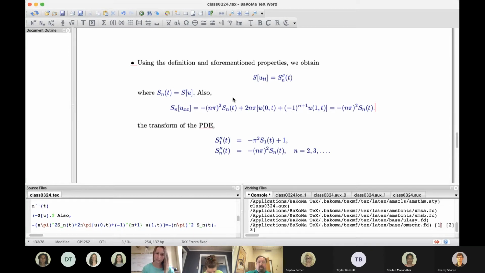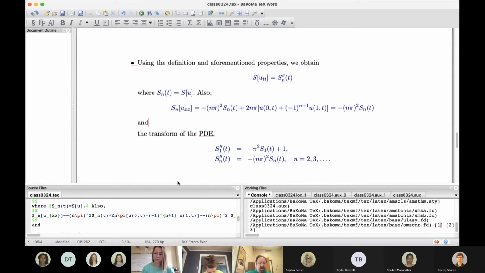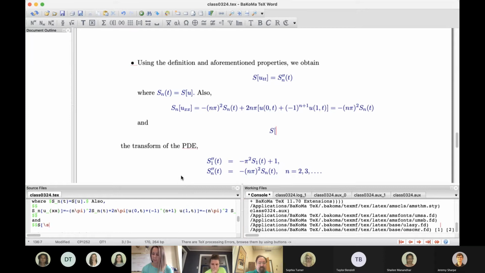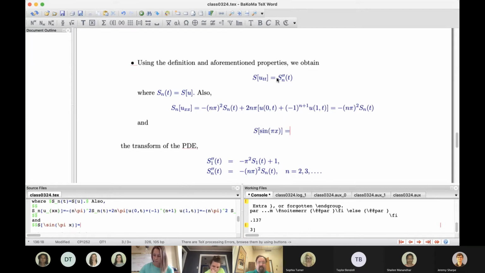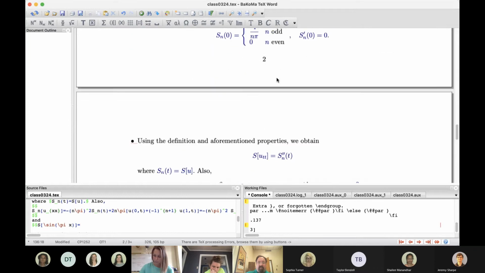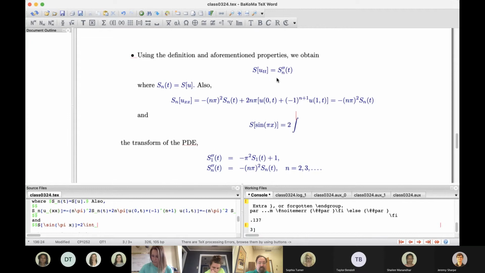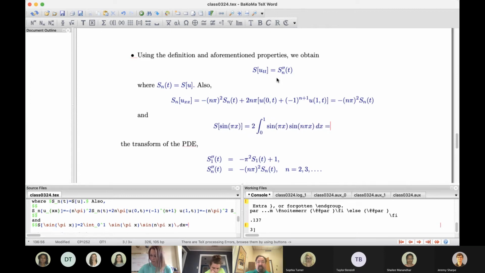So from our PDE, u_tt becomes this, the u_xx becomes this, and then we also have our source term, sine pi x. The transform of that is going to be 2 times the integral from 0 to 1 of sine pi x times sine n pi x dx.